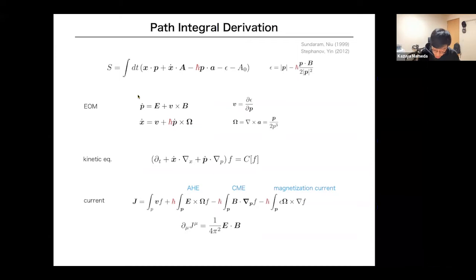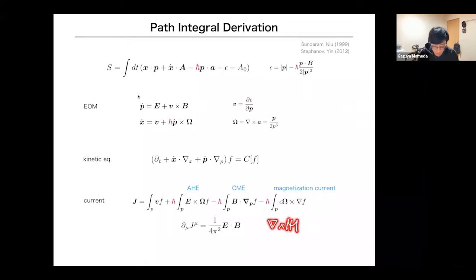Namely, this omega times f is, roughly speaking, the total amount of the spin or magnetization. If you move out this nabla, then we get nabla cross something like this.